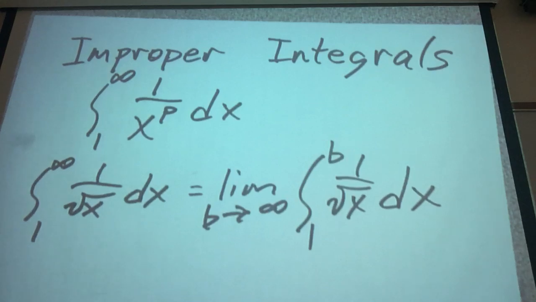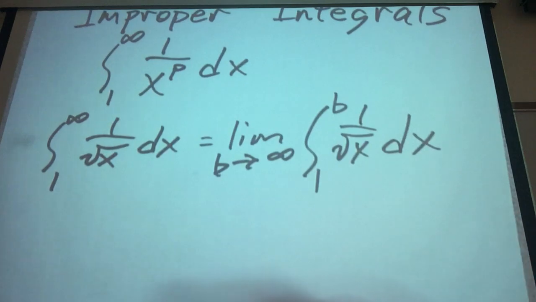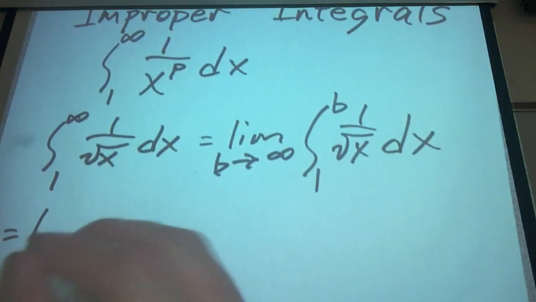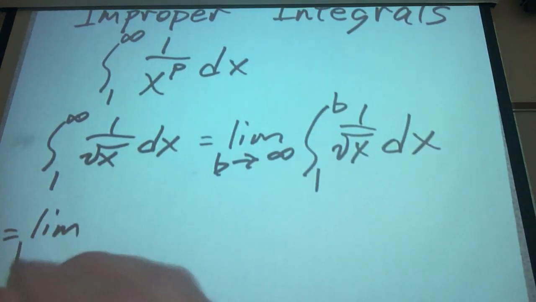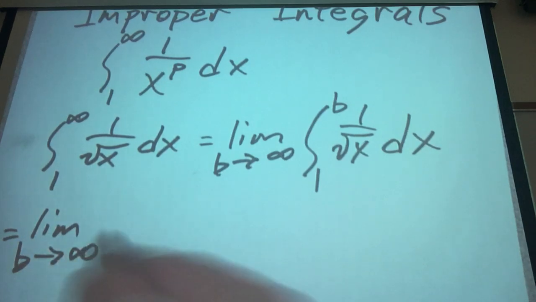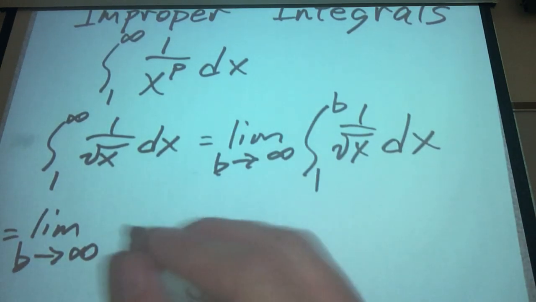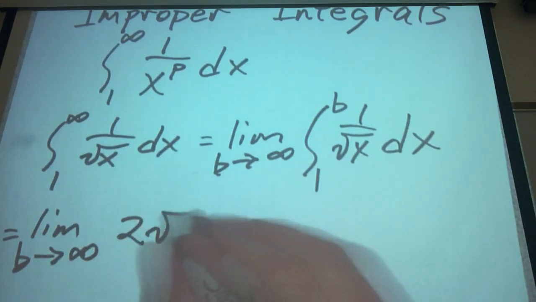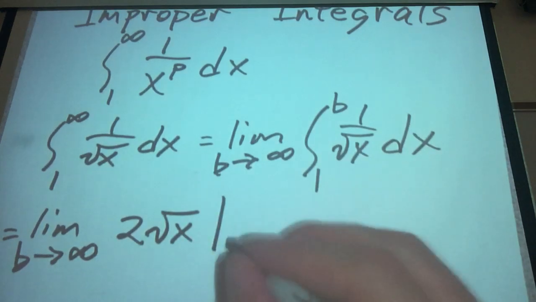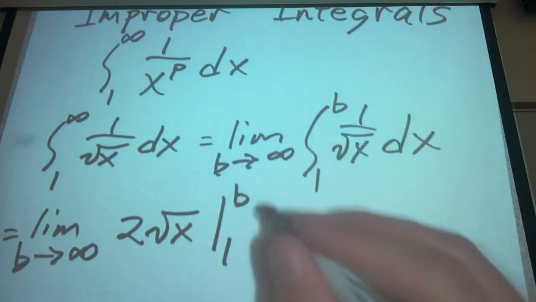And so that's going to equal the limit now as b approaches infinity. Okay, so if we integrate 1 divided by the square root of x, what is that going to become? That's going to become 2 root x evaluated at 1 and at b.